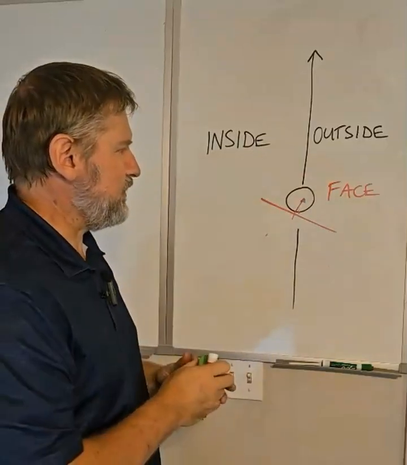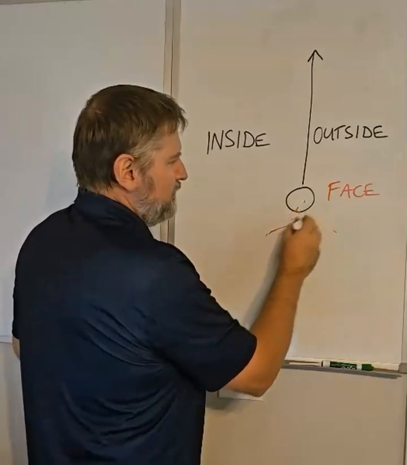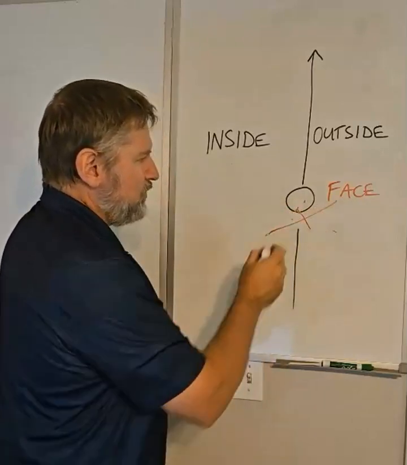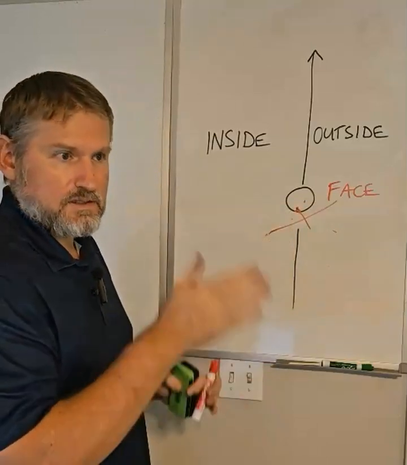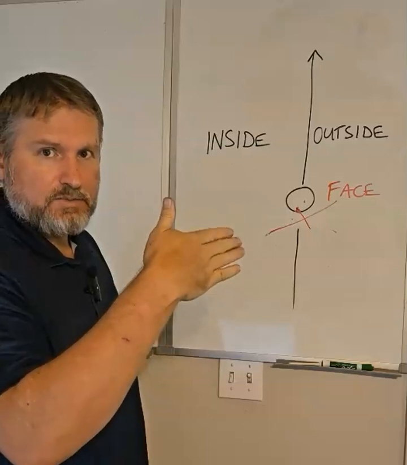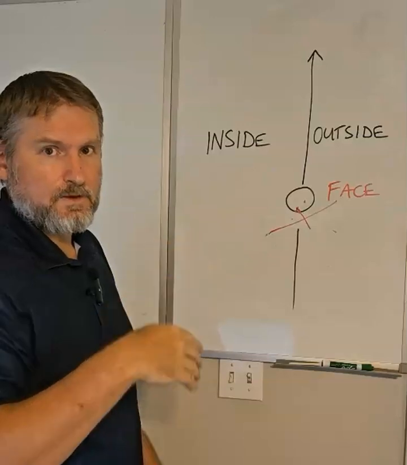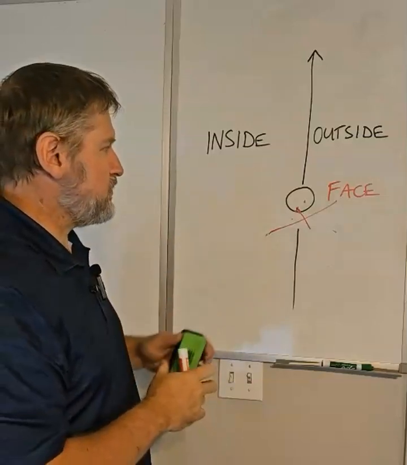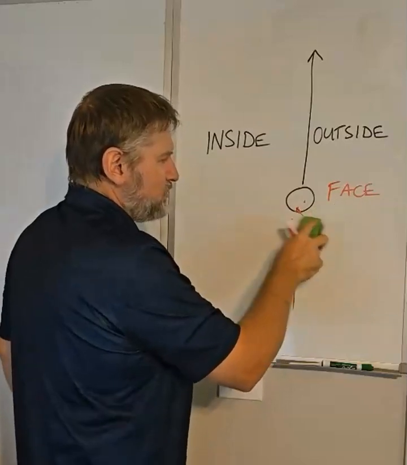Similarly for the inside, if your club face was pointed the other way, right? If we had the club face pointing this way, that ball would start some amount to the inside because the club face is pointing to the inside. And how much depends on how many degrees it's pointed to the inside. Okay? Relative to your target line, we would like your ball to start pretty close to your target line.